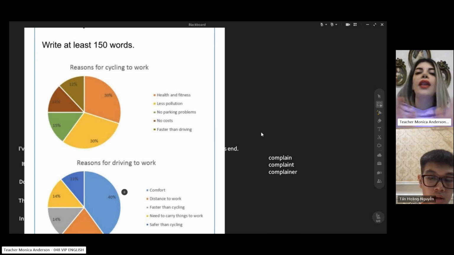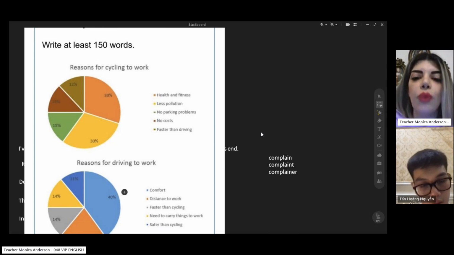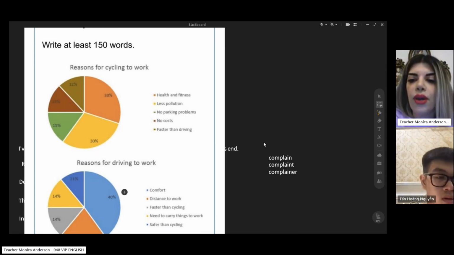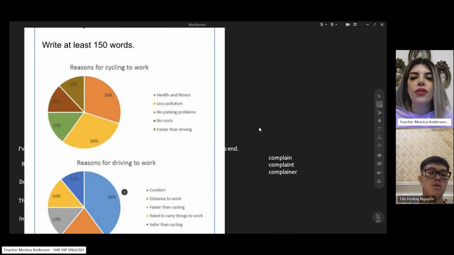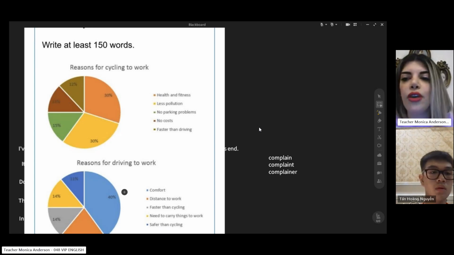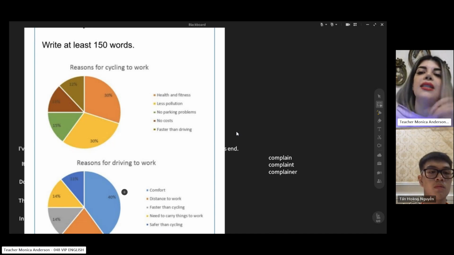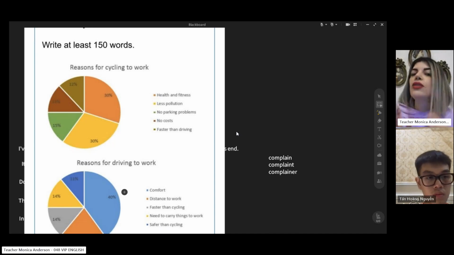Okay, now let's keep going. The most important, the most significant, and the most crucial part of writing task one, overview. In the second paragraph, you should report the main features you can see in the pie chart. And don't forget, as I told you, only general information.